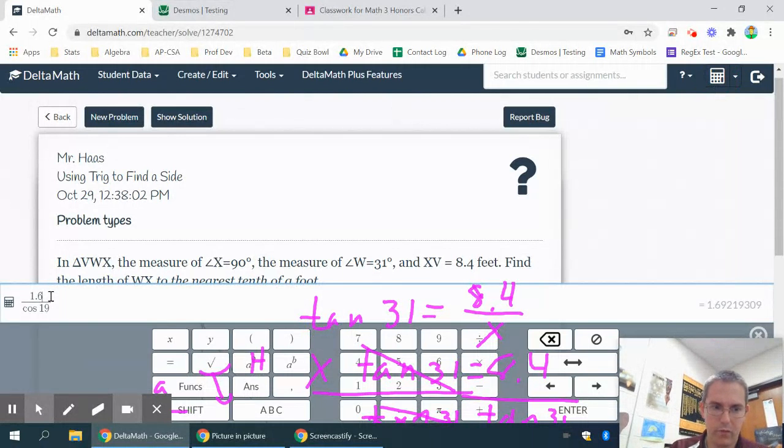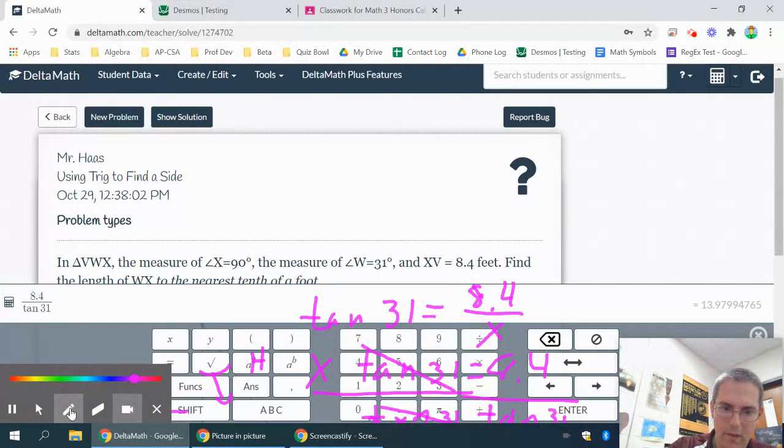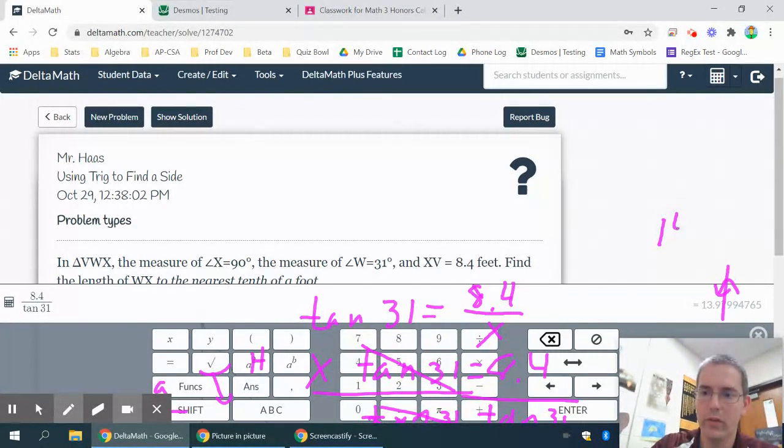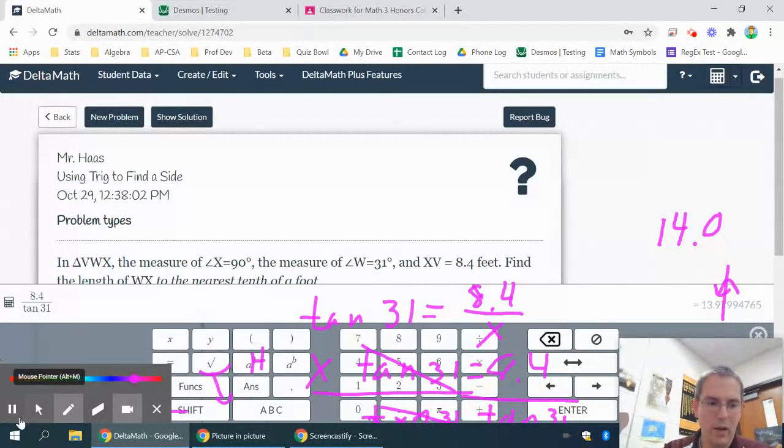Let's see, I'm just going to edit what I already have. 8.4, that needs to be tan of 31. And then that's 13.97. A note on rounding here: if I'm rounding, that 7 will make the 9 go up. So instead of 13.9, it'll be 14.0 to the nearest tenth. So be careful on your rounding.